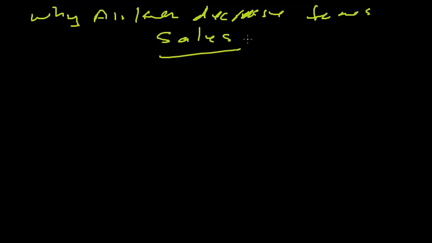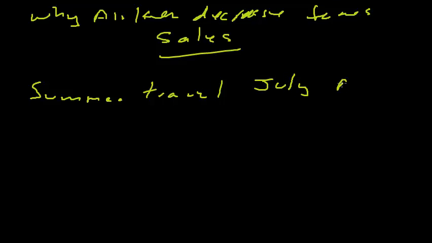Well, let's take an example of when an airline would and wouldn't need to put their fares on sale. The example we're going to use is the summer travel period. So in the summer months of July and August, generally the demand for airline travel is very high in most places.